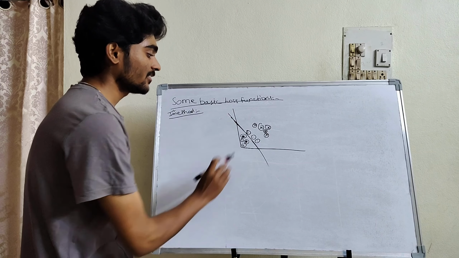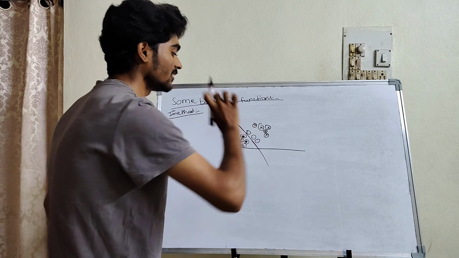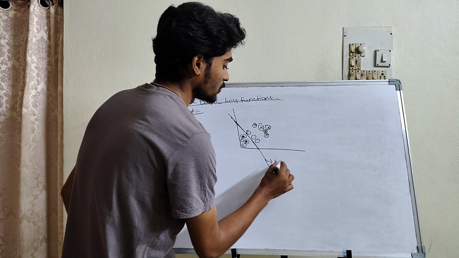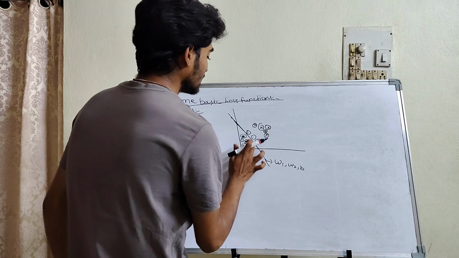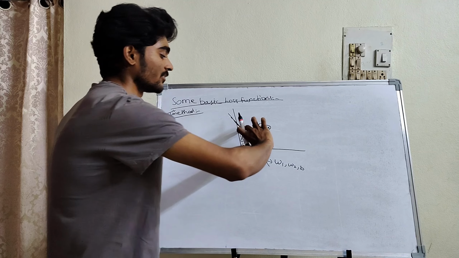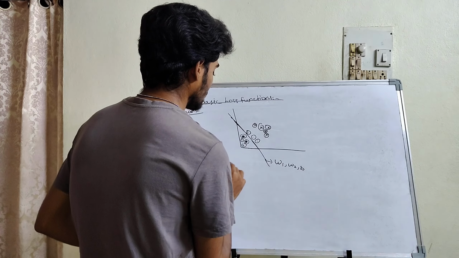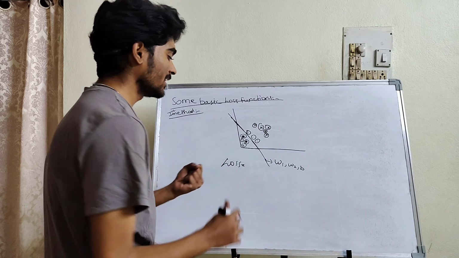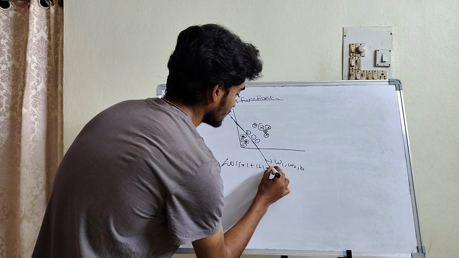In this case, with this set of parameters w1, w2 and b, this is your binary classifier line, and it has misclassified these data points. So the loss of this binary classifier is 1 plus 1 plus 1, which is 3.